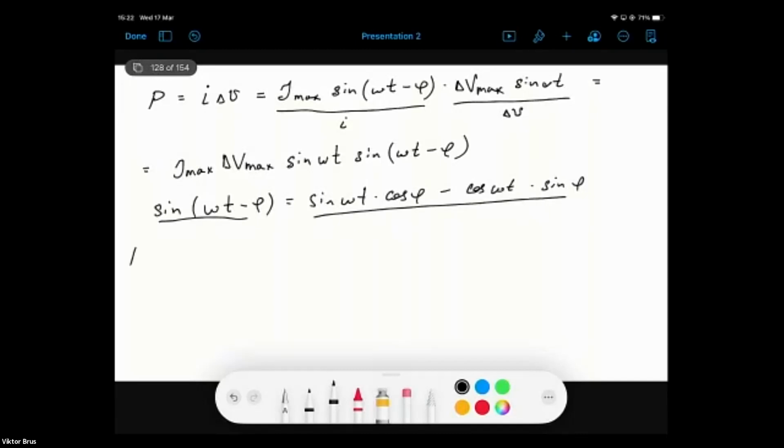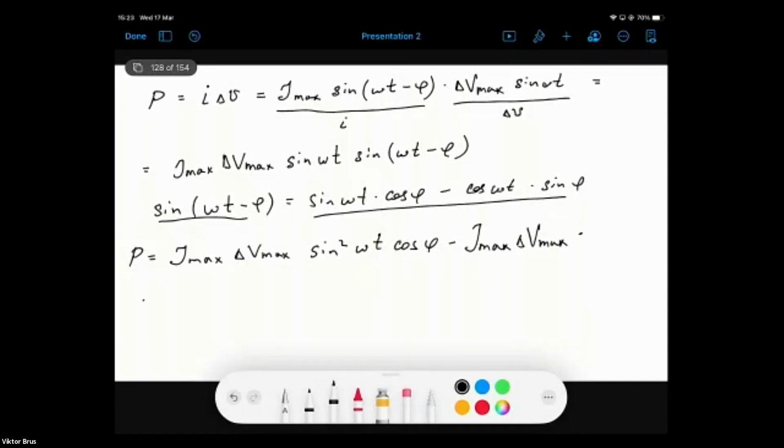then we get the expression for the instantaneous electric power, I maximum times delta V maximum times sinus square omega t times cosinus phi, minus I maximum delta V maximum sinus omega t times cosinus omega t and times sinus phi.